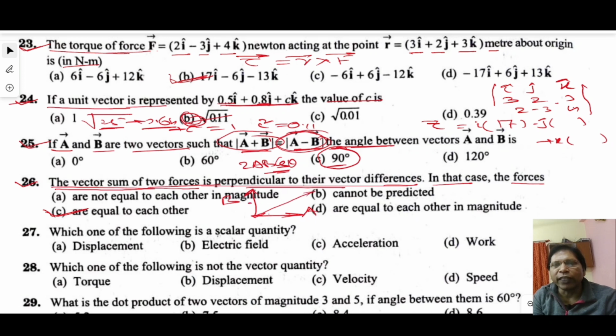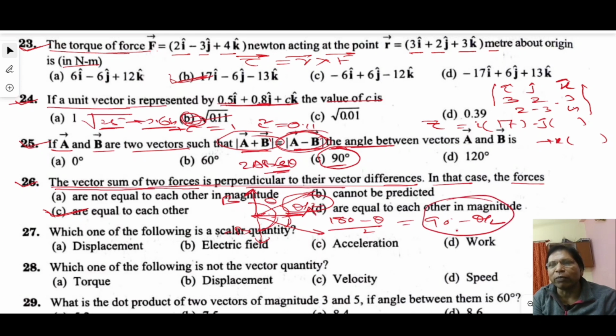If this angle is theta, this angle becomes theta by 2. Now this is minus B, so this angle is 180 degree minus theta, and the resultant is also the angle bisector, so this is 90 degree minus theta by 2. Now theta by 2 and 90 degree minus theta by 2 sum to 90 degree. So this happens when two vectors are equal.